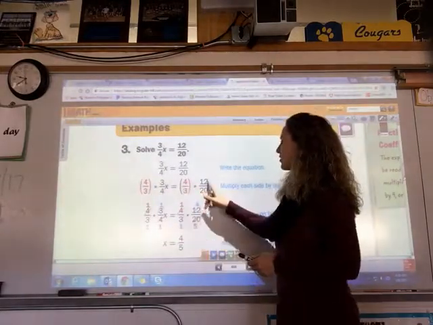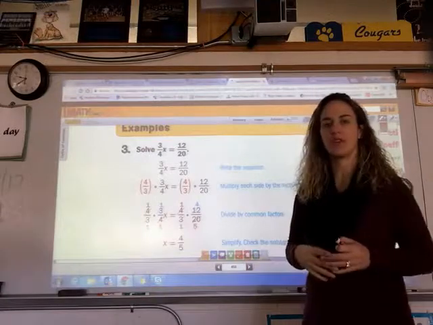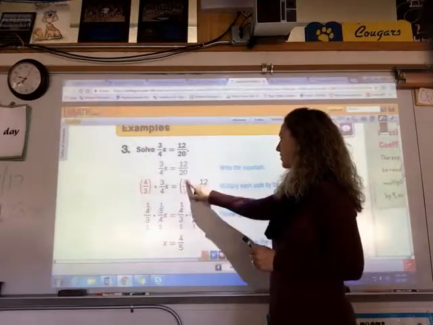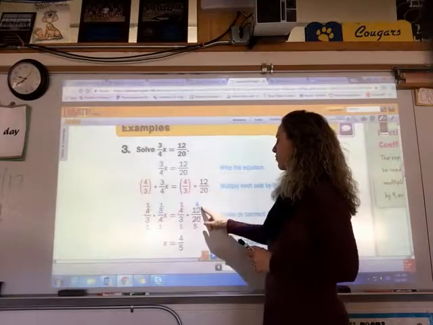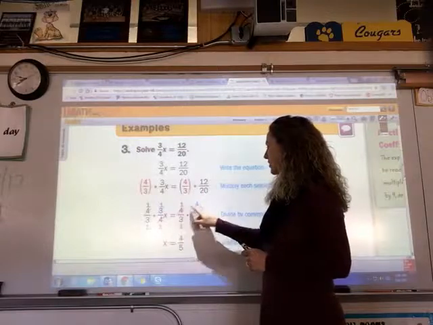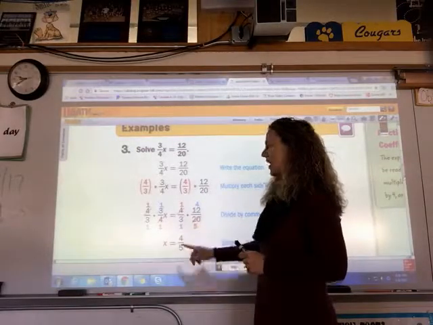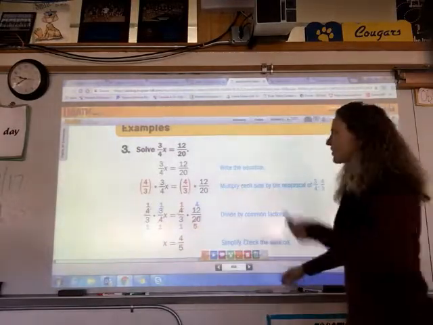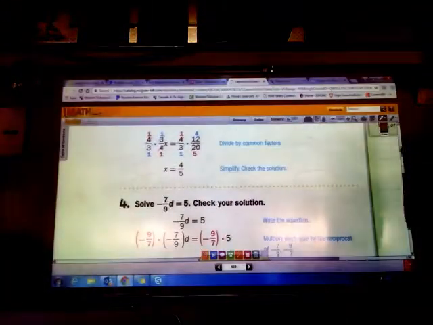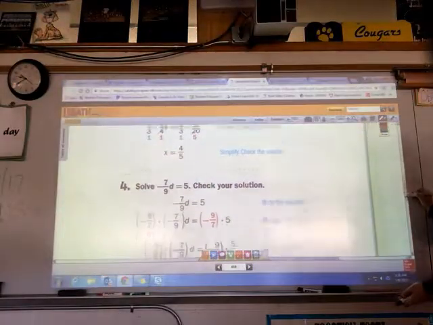When I take 4/3 times 12/20, please look to see if you can cross reduce. I know 4 will go into 20 5 times, so that becomes a 1. 3 goes into 12 4 times, so that will become a 1. So now I'm looking at x is going to equal 1 times 4 is 4, 1 times 5 is 5. So x is equal to 4/5. Please remember to go back and check your solution. So when we plug it in, it should work and that should be correct.